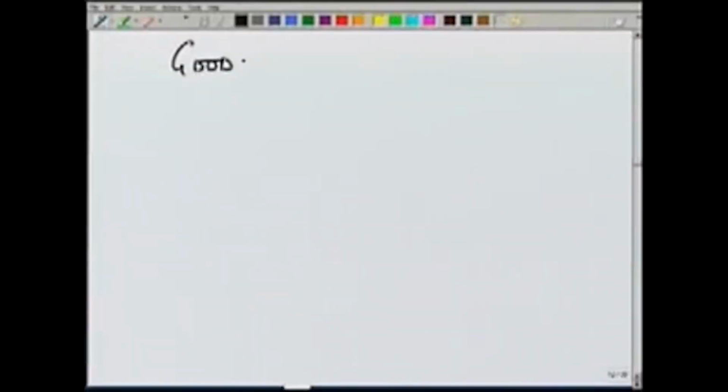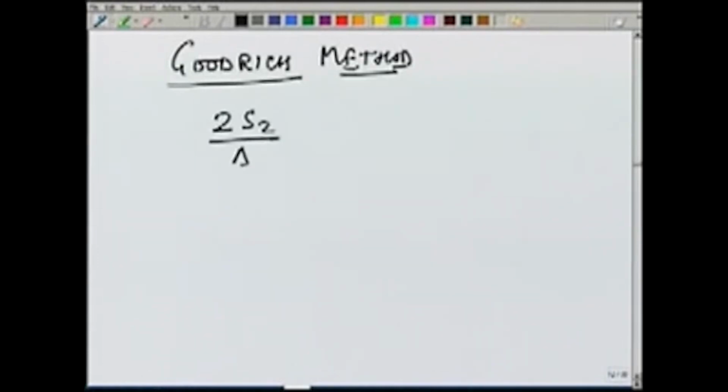In addition to this modified Pulse method, there is another method which is commonly used, known as the Goodrich method. In the Goodrich method, the same equations are written in slightly different form, and the form which is used in this case is 2S2 by delta t plus Q2.